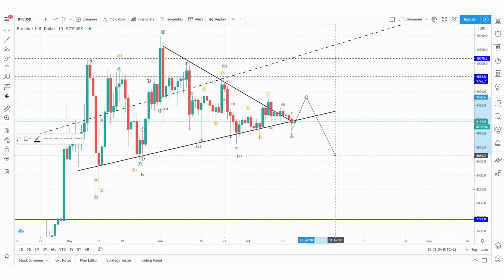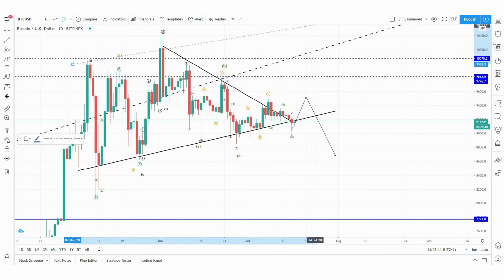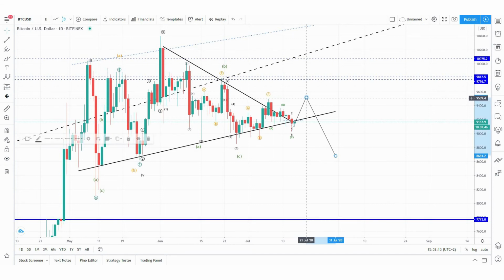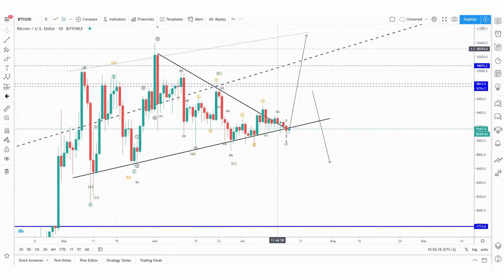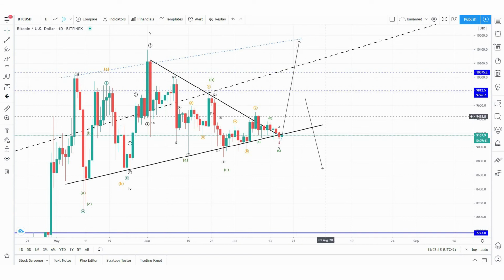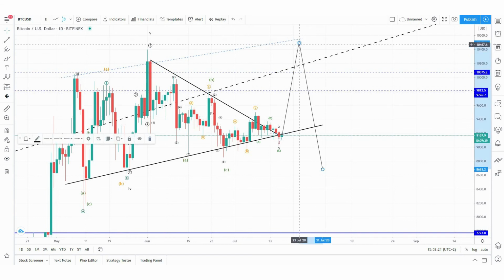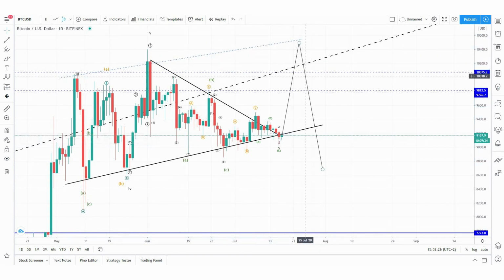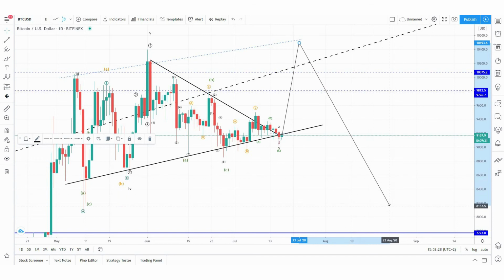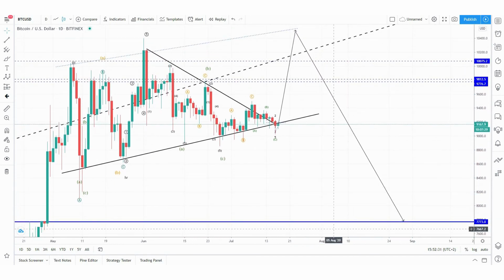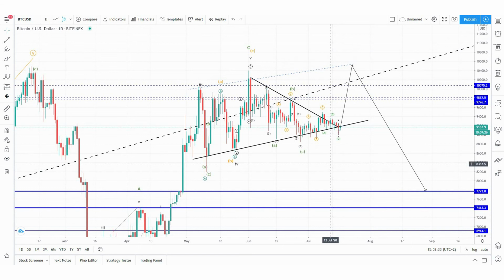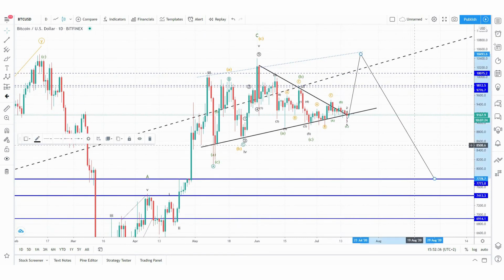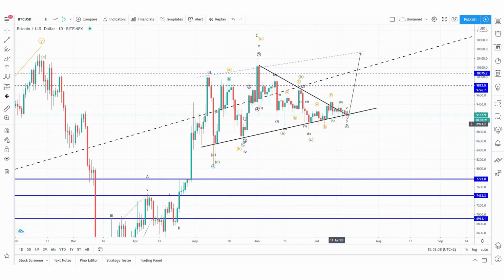And then it's going to do a fake out, potentially leading the price all the way up to this point, above $10,000, for a retest of this ascending trend line here, and then continue moving significantly to the downside. But this is to be evaluated. This is all just a speculation.